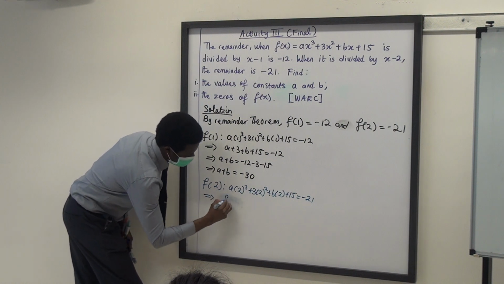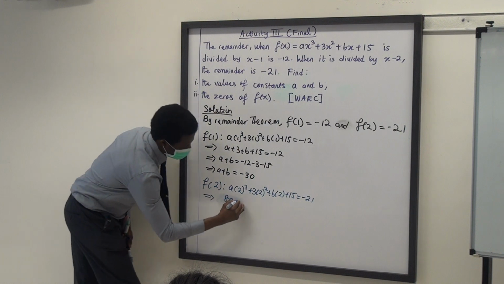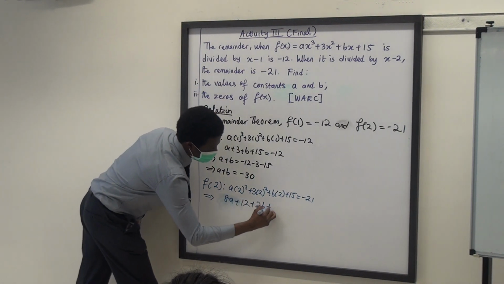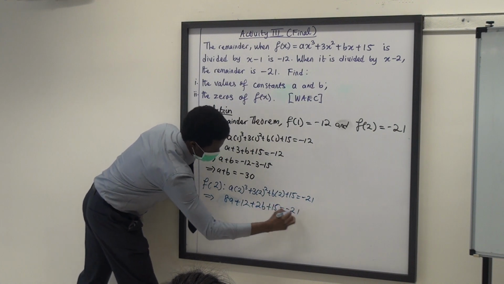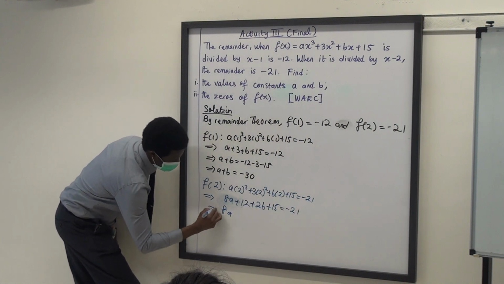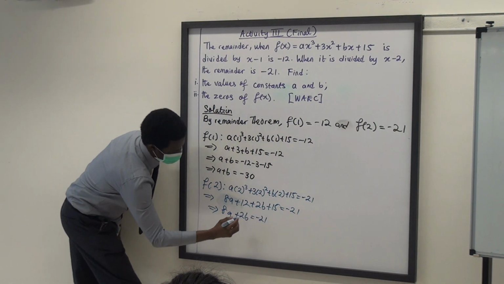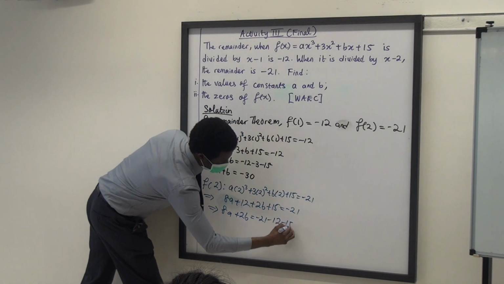I believe everybody understands, right? Yes. 8A, 12, yes? Plus 2B, plus 15, equals negative 21. So collect the like terms. This implies 8A plus 2B equals negative 21 minus 12 minus 15. What's that?